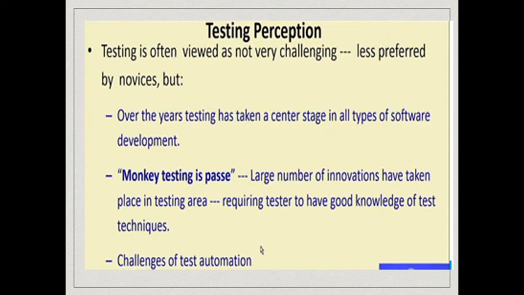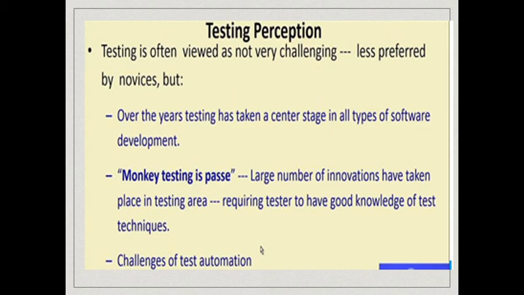Those who do not know this think that testing is not challenging. But over the years, testing has taken center stage and has become much more challenging than even coding, designing, and specification. The reason why these perceptions exist is that in the early years, testing was done by inputting random test values, which is called monkey testing.